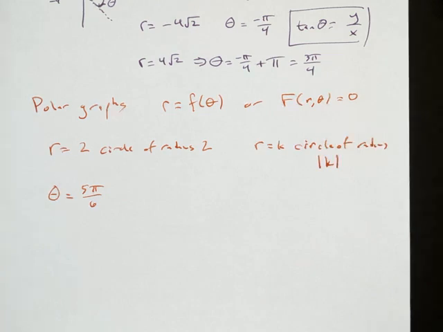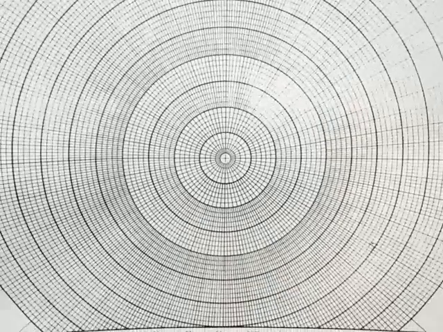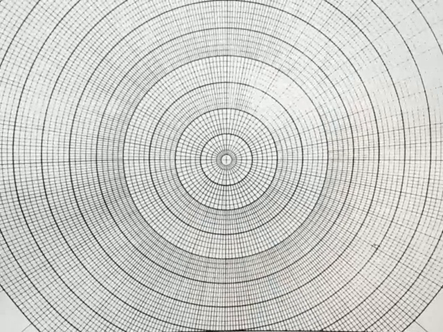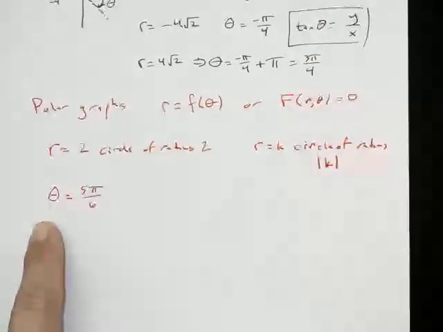But in my polar graphing, I only have one kind of line. Circles, and then I have lines where they go through the origin at a particular angle.